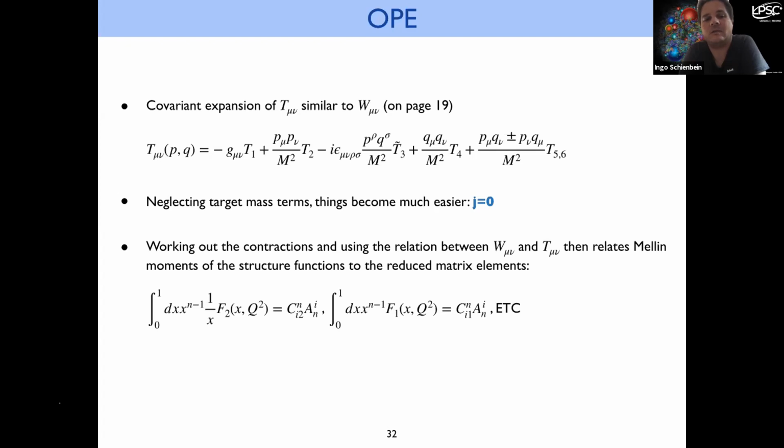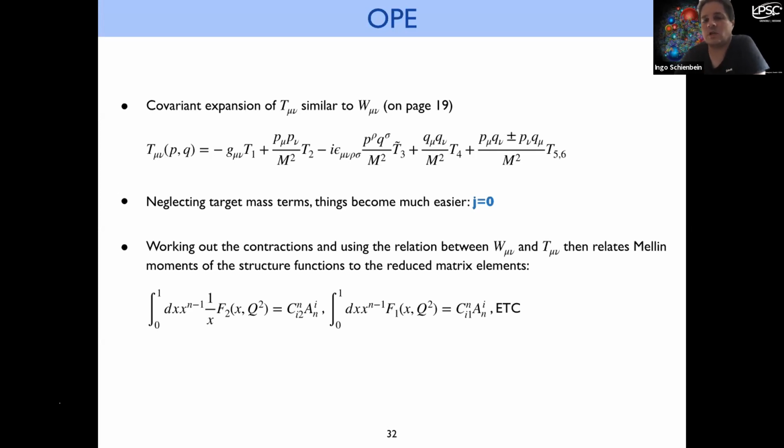And at the end of the day, you find the relation that the Mellin transform, integral dx x to the n minus 1 of the structure function, is given by the Mellin moment of the Wilson coefficient times the Mellin moment of the matrix element of the local operator, which will be the Mellin moment of the parton distribution functions.